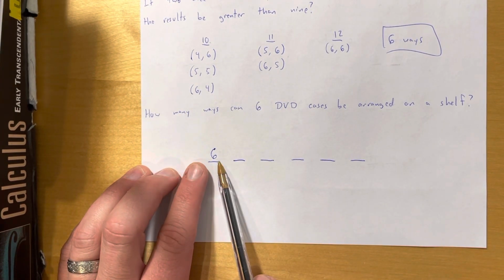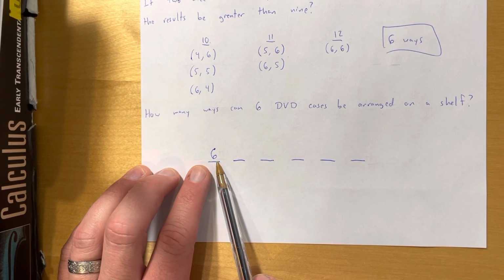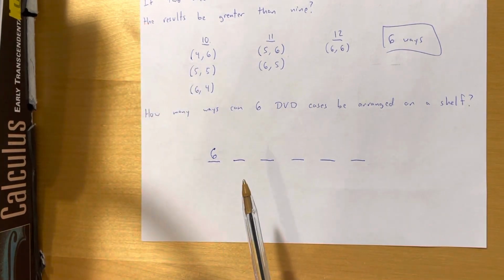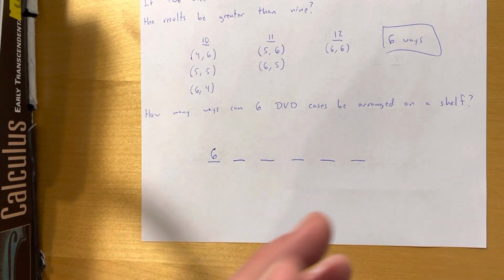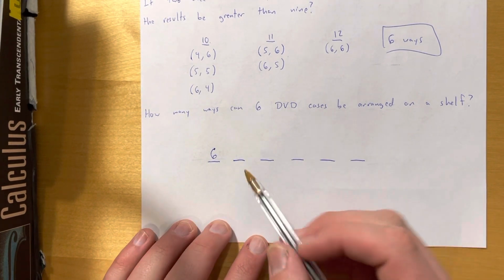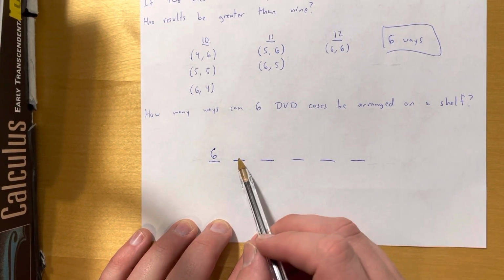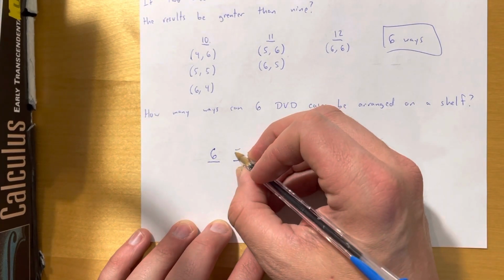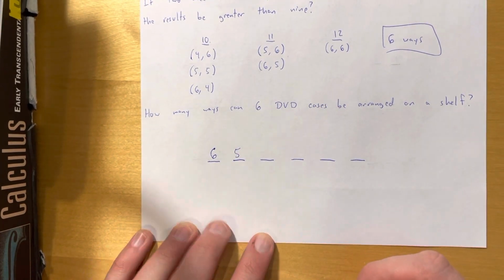if I have 6 choices for my first DVD, then once I have placed a DVD there, I am now left with 5 remaining DVDs, of which I can put 1 on the second position here. So I have 5 choices for this next position.